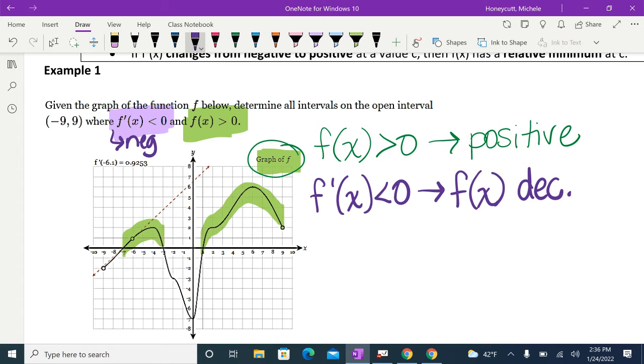Then I look at my two highlighted portions and say, okay, it starts off increasing, but then right here to here, decreasing. And then f of x increases, and then at 6, it starts decreasing until I get to 9. So the places where both of these are happening are the interval from -4 to -3 and from 6 to 9.